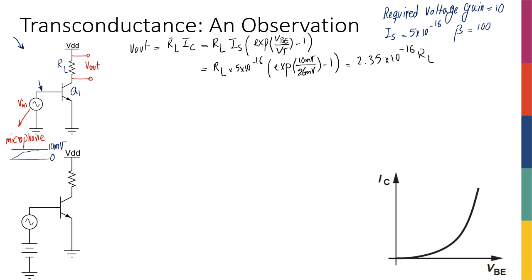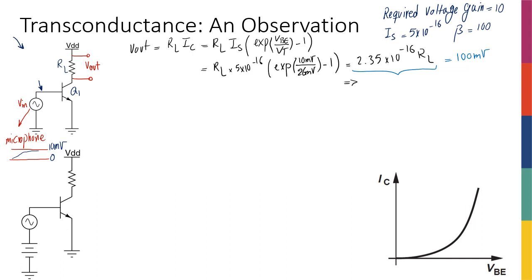So now, because my input is 10 millivolts and I want to have a gain of 10, therefore my output Vout has to be 100 millivolts, right? So for this expression here to be equal to 100 millivolts, I need to actually figure out what should be the RL, right? So this should be equal to 100 millivolts at the output.